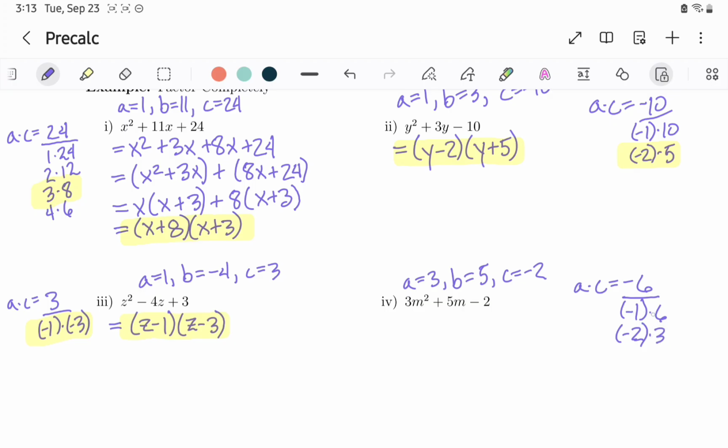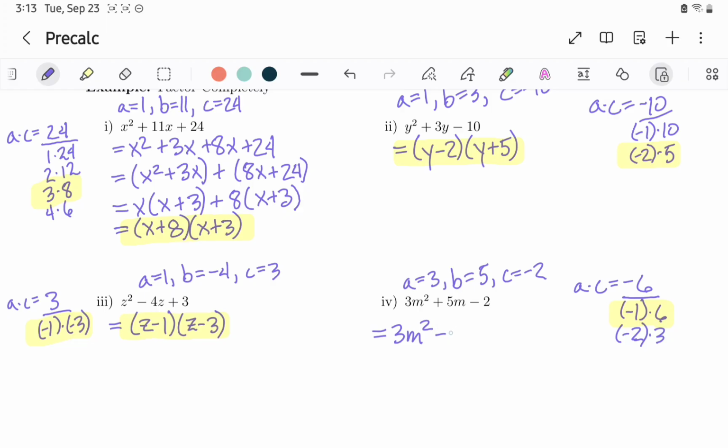And if we check the sum, -1 plus 6 is going to give us a positive 5, so that's going to be the two numbers we use for the AC method. And here, again, we have to use grouping, so we're just going to break up the middle term 5m and instead write -m plus 6m. So that'll give us our four terms that we can put into two groupings of two terms.